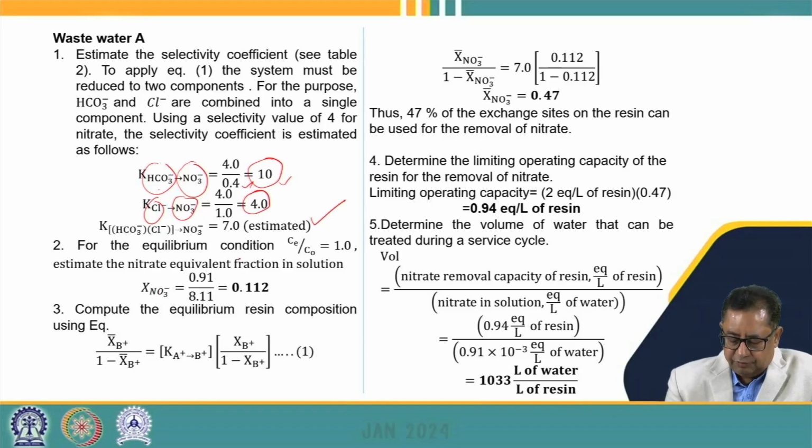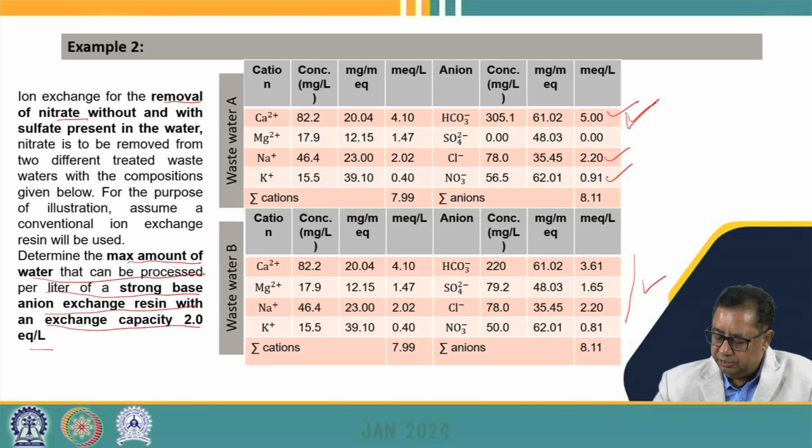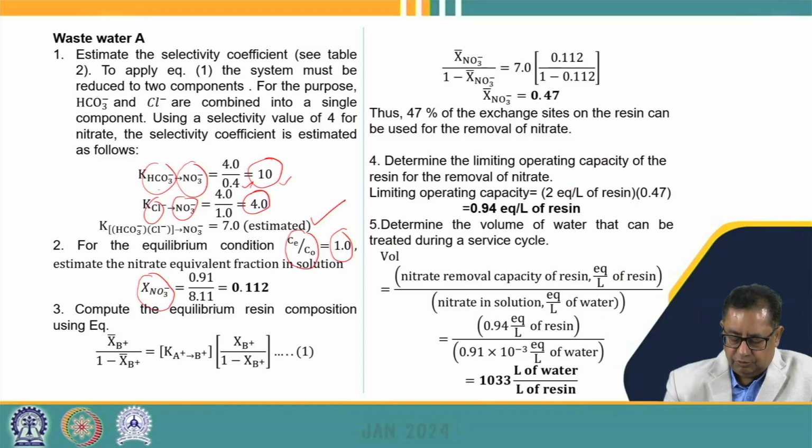So we can say that under equilibrium conditions where Ce by C naught is equal to 1, that is our ion exchange is completely exhausted, the X nitrate, which is basically the fraction of nitrate present in the solution, is equal to 0.91, that is, 0.91 of the nitrate present in the solution divided by the total ions present in the solution, that is 8.11 equivalents per liter.